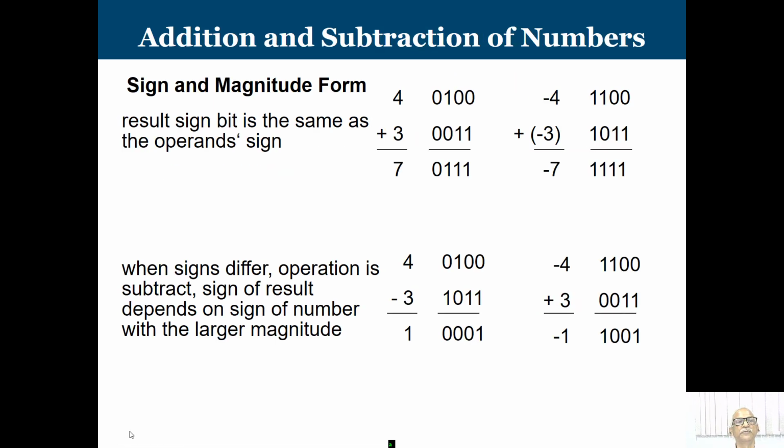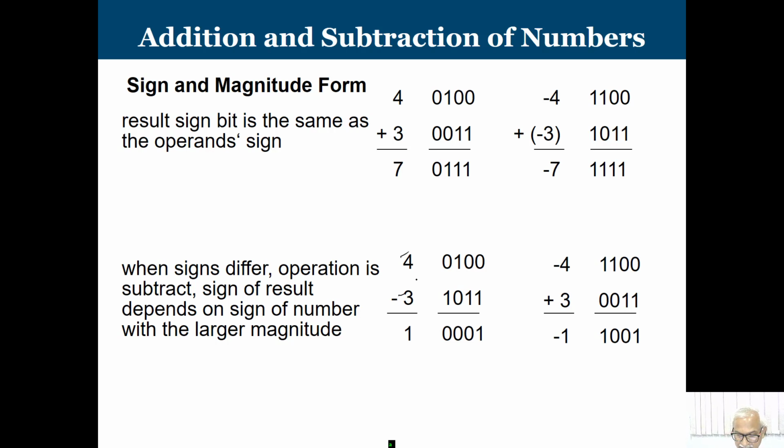This is a simple example, just addition. You can look at what the emphasis is. Basically, the result's sign bit is the same as the operands' sign if both operands have the same sign. If these 2 are positive numbers, or these 2 are negative numbers, then the result is positive or negative respectively. But if the signs differ, say one is a positive number and the other is a negative number, what is the sign of the result?